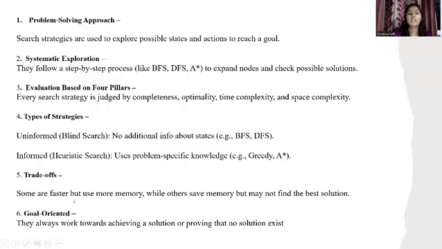Trade-offs: some are faster but use more memory, while others save memory but may not find the best solution. Sixth one is goal oriented. They always work toward achieving a solution, provided that a solution exists.